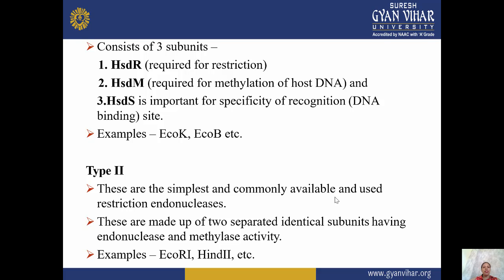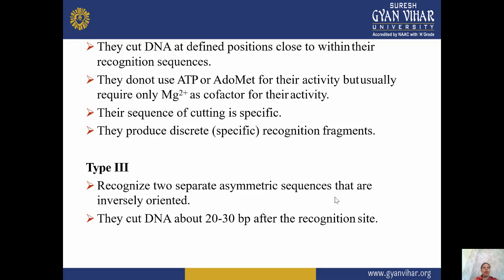Examples are E. coli R1 and HindIII, etc. We have already discussed these two names. So what do these do? They cut the DNA at defined positions close to or within their recognition sequence. Where the recognition sequence is, from there only they can cut the DNA, and they do not use ATP and S-adenosyl methionine for their activity, but usually require only Mg2 plus as a cofactor.